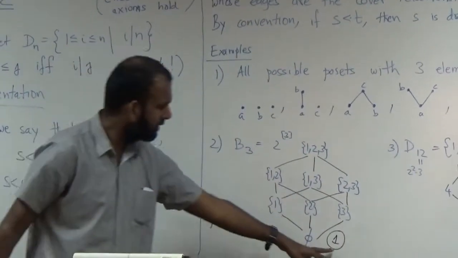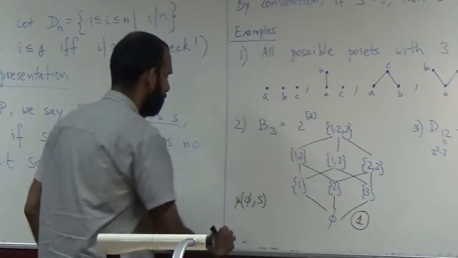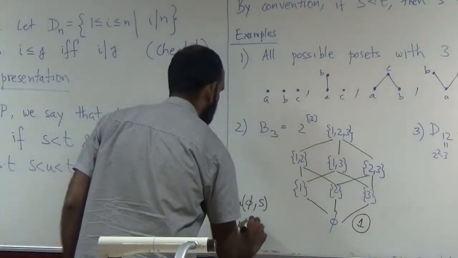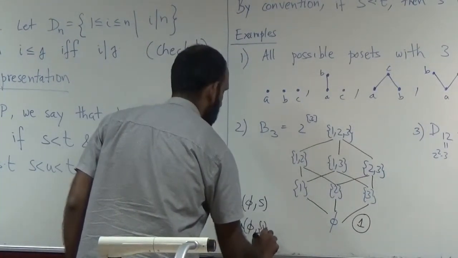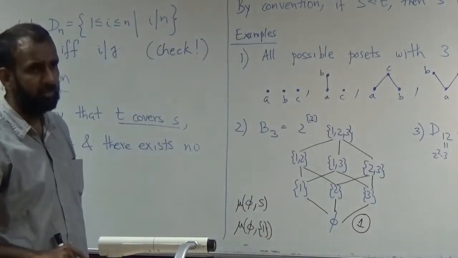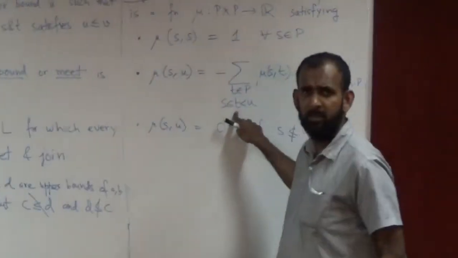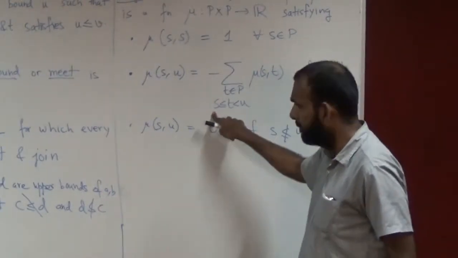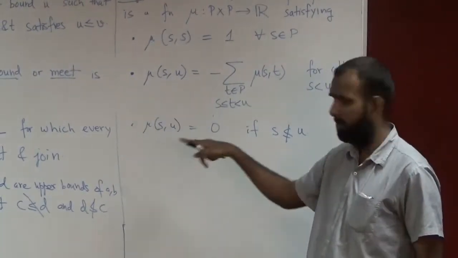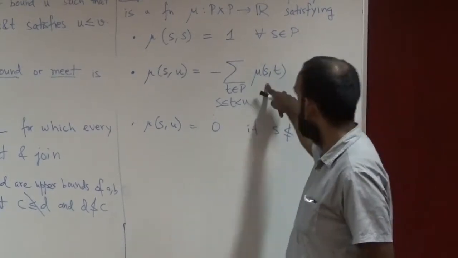In the circle in black, I'll write the Mobius function. What is mu of phi, 1? To compute that, we have to use the recursive formula. So we have to sum over all T's in between the empty set and 1, but not including 1, of mu of S,T.